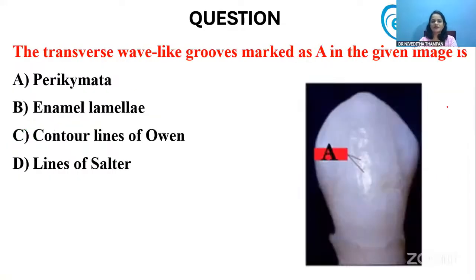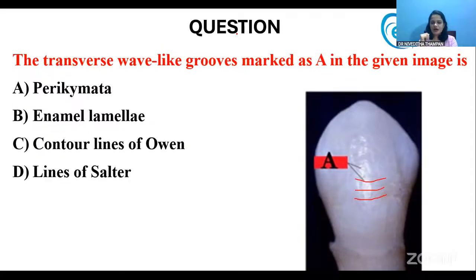Now, the transverse wave-like grooves marked as A in the given image. If you look closely, you will see the transverse wave-like grooves. What are they called? Perikymata, enamel lamellae, contour lines of Owen, or lines of Salter?